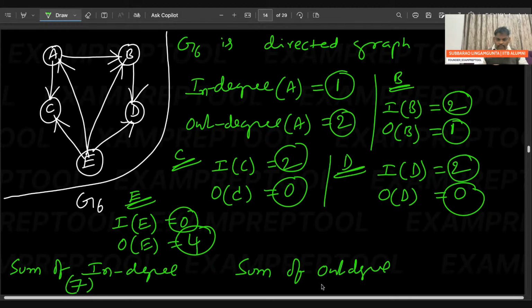So it is 7. Next, you can verify the number of edges in the given graph. If you count: 1, 2, 3, 4, 5, 6, 7. Number of edges is 7.